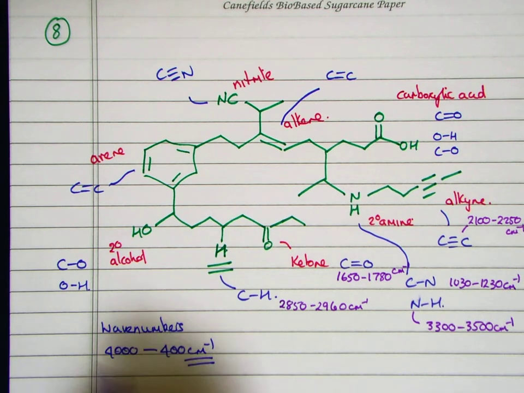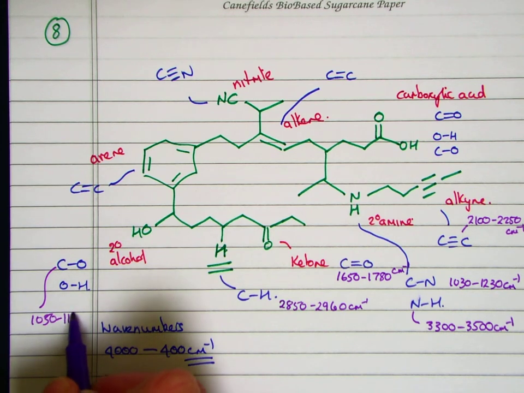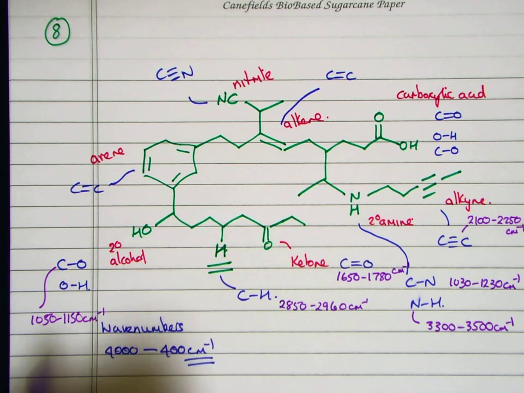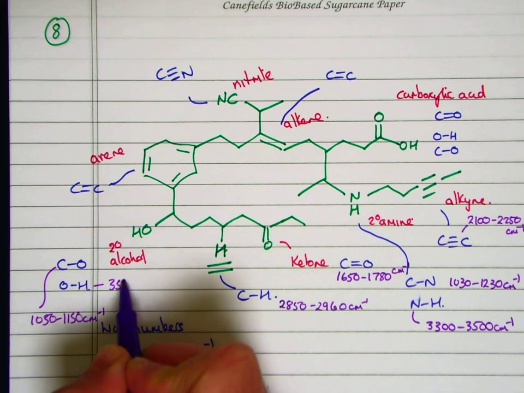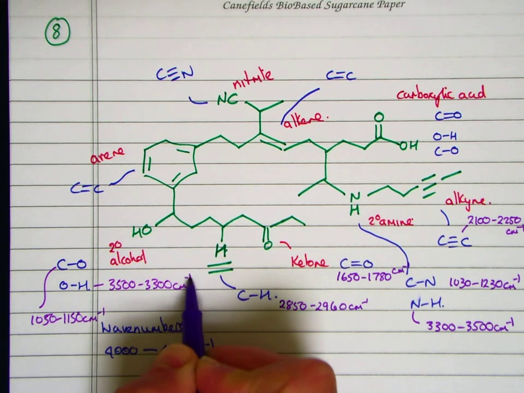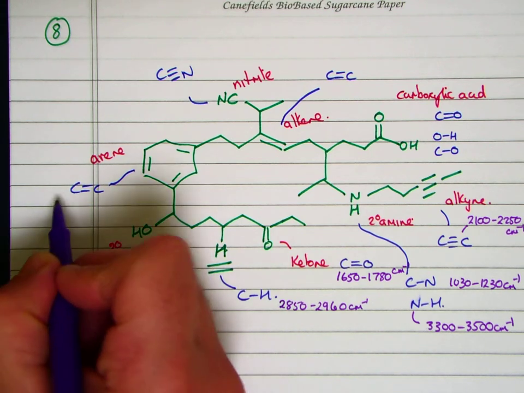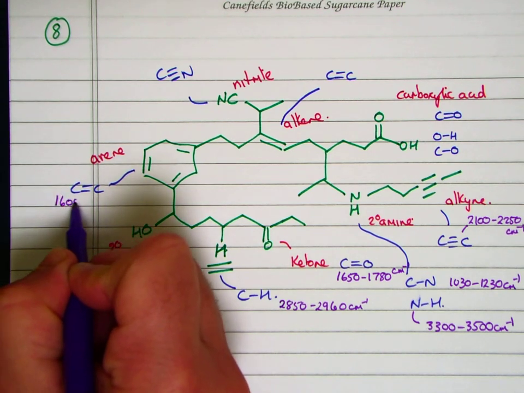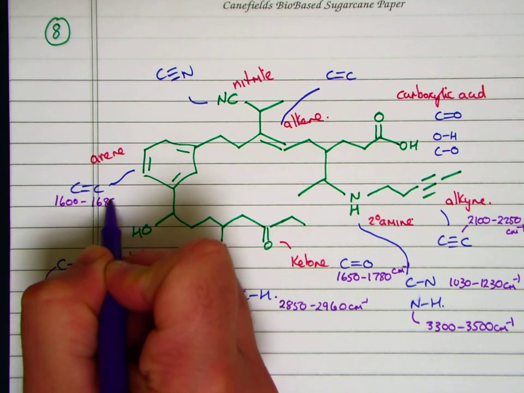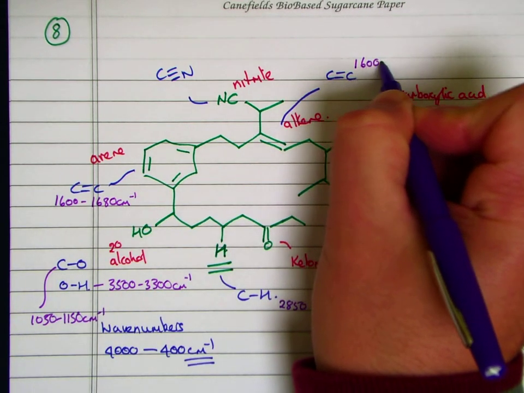A CO bond is anywhere from 1050 to 1150. An OH bond is 3500 to 3300. C double bond C is anywhere from 1600 to 1650. So it can be anywhere from 1600 to 1680, shall we say. And that's true for this one here, 1600 to 1680.